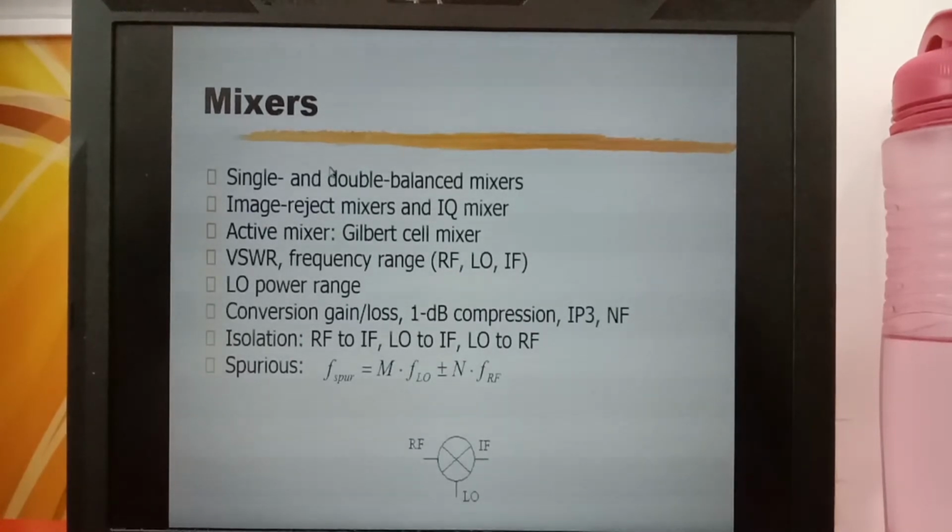Of course, a double balanced mixer will give a better performance at a higher price.